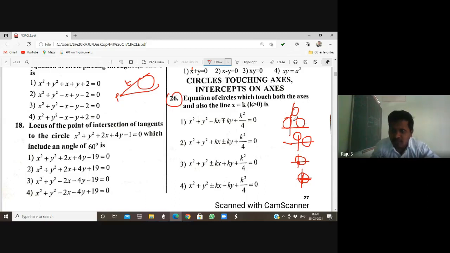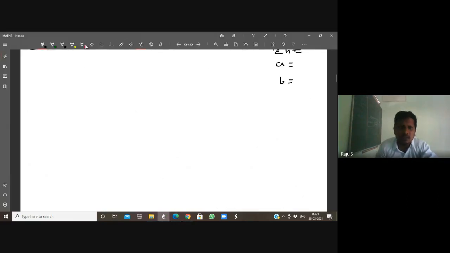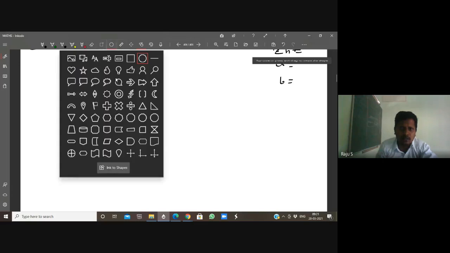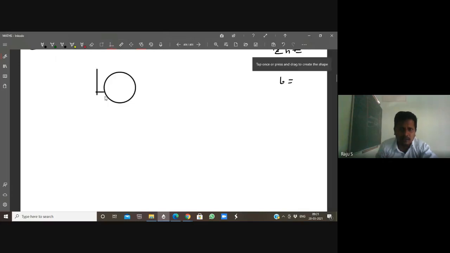Which touches both axes means this is the condition: just touching both the axes, and also the line x is equal to k. So for a question related to the circle, it is better to draw the diagram of the circle. Then it is very easy.